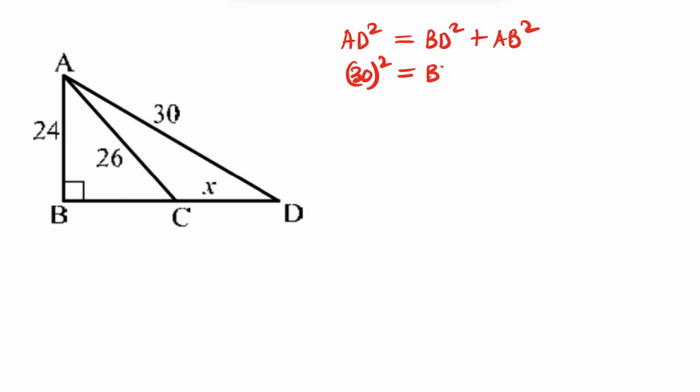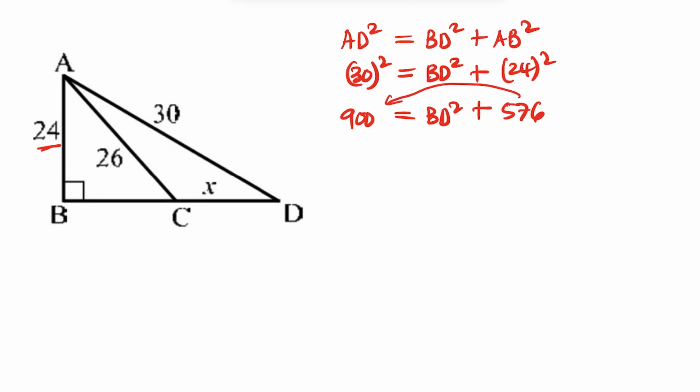Your BD is the one that you're looking for, plus your AB, you are given it's 24 units, you square. So 30 square is 900, and then you still have BD here. And then your 24 square is 576, and then you transpose this to this side, so you have 900 minus 576 equal to BD square.